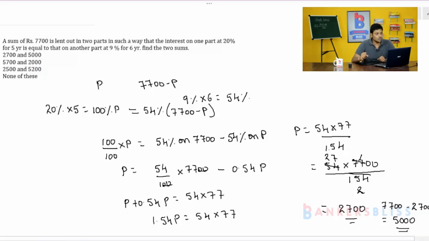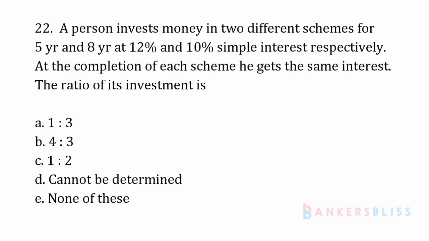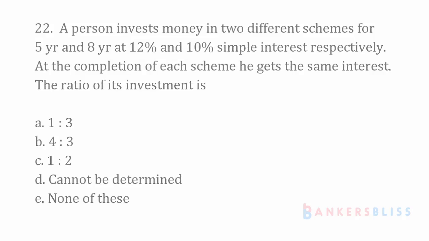So let us go to the next problem, problem number 22. A person invests money into two different schemes for 5 years and 8 years at 12% and 10% simple interest respectively. At the completion of each scheme, he gets the same interest. The ratio of his investment is.